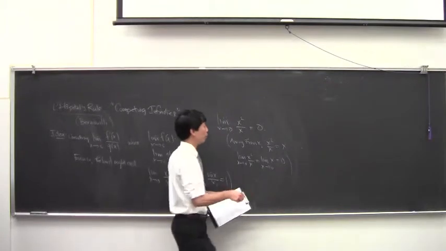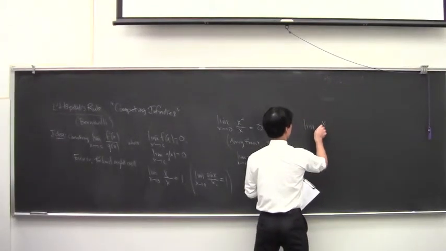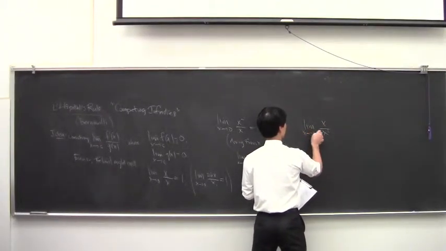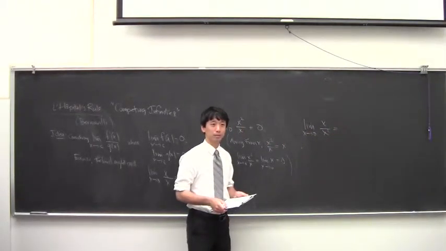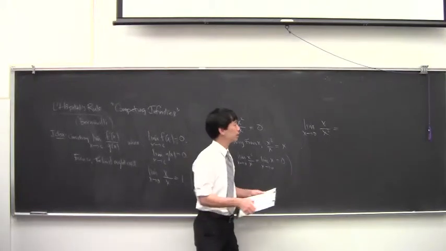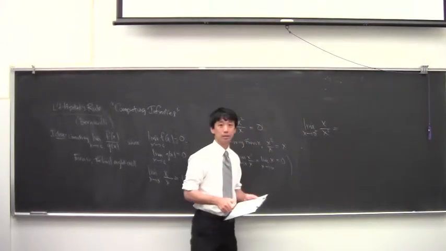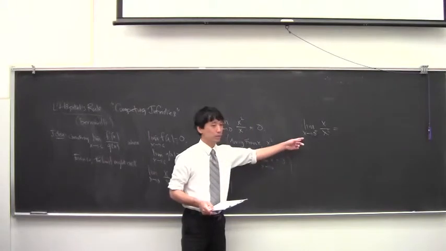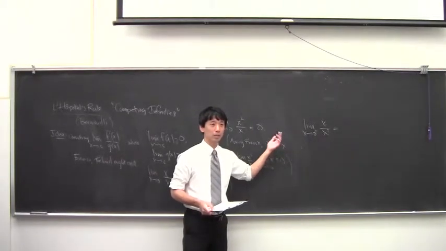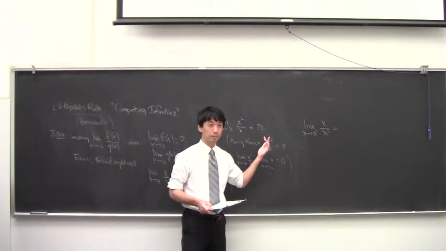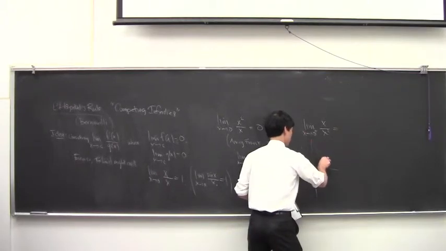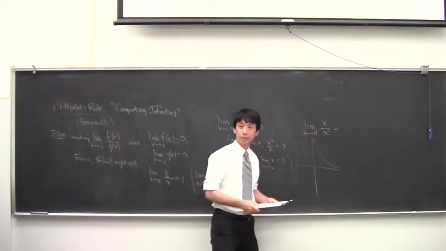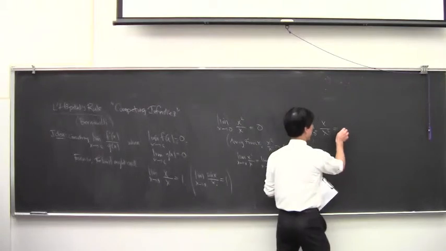Or, if I look at this, that's also 0 over 0, but what's the limit? Let's say from the right-hand side. 1 over x, as x approaches 0 from the right-hand side, is going to be infinity.